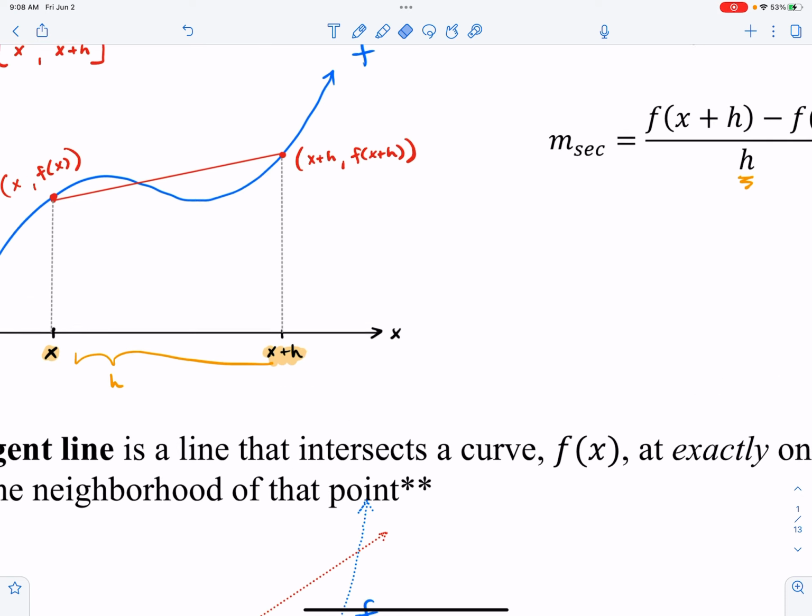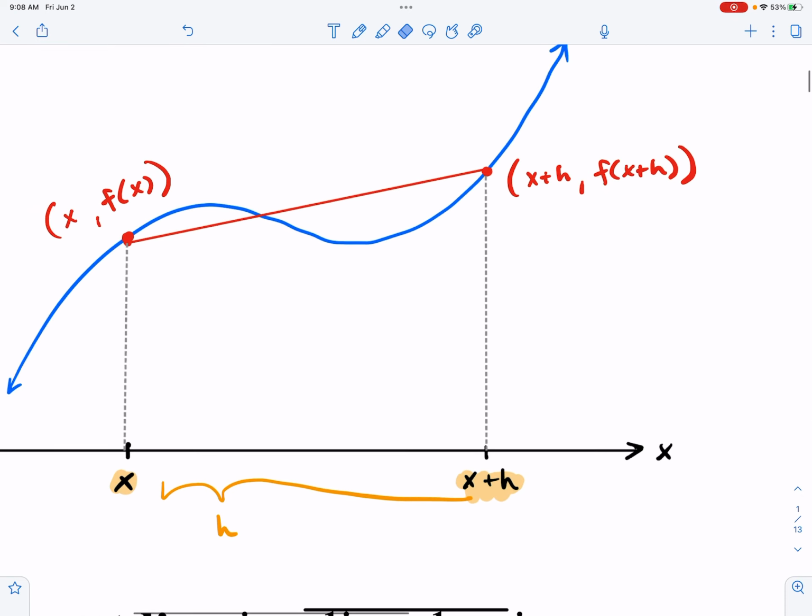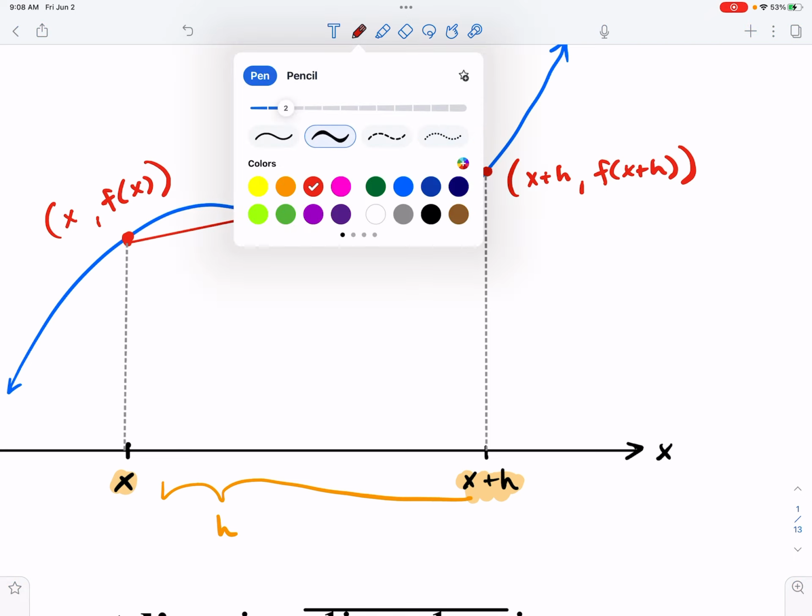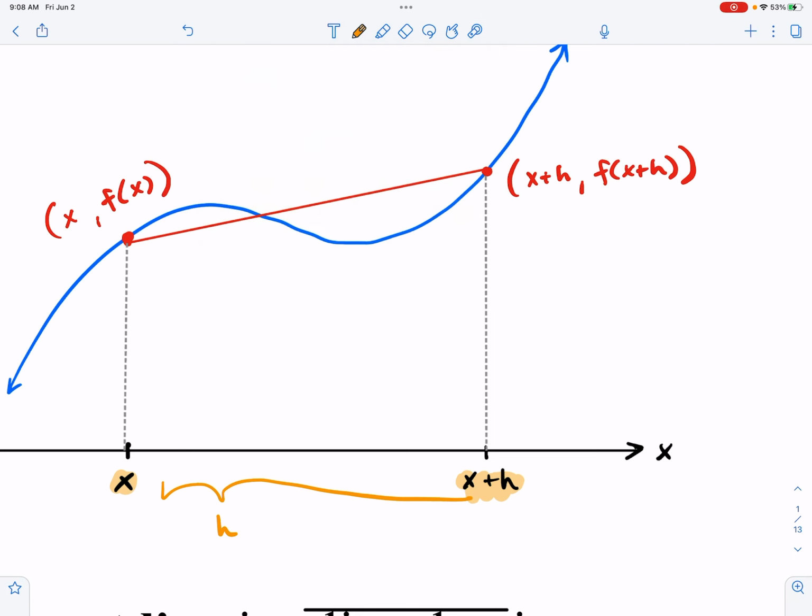So in this picture, if we thought about pulling this point at x plus h, comma f of x plus h towards the point x, comma f of x, meaning making this interval smaller and smaller and smaller, so making this point move along the curve towards the point x, comma f of x.